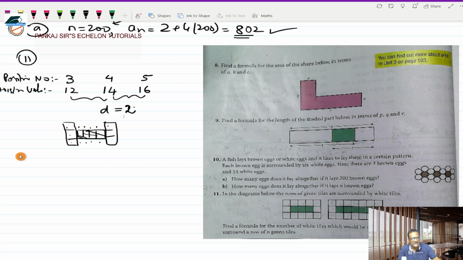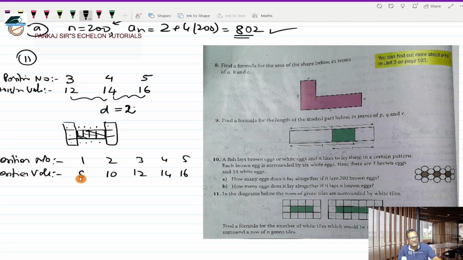So if we go back and draw the same position number and position value chart, you will get for 1 and 2, and 3, 4 and 5 you have got. For 3 it is 12, for 4 it is 14, for 5 it is 16. For 2 it will be 16 minus 2 is 14, 14 minus 2 is 12, 12 minus 2 should be 10, 10 minus 2 should be 8. So this is a complete chart.